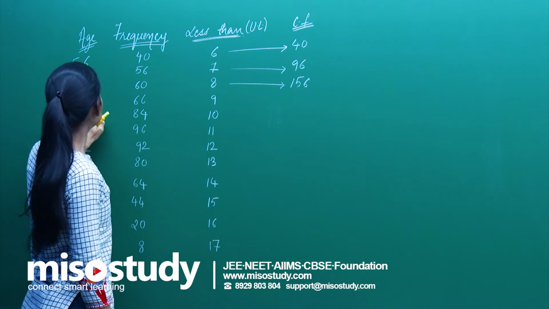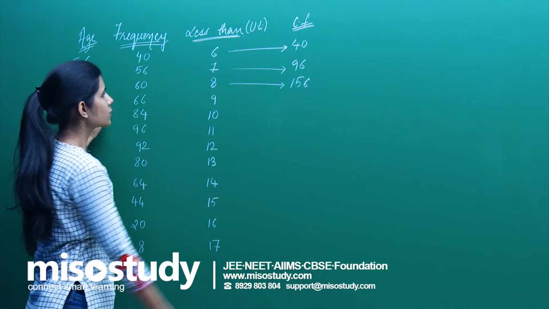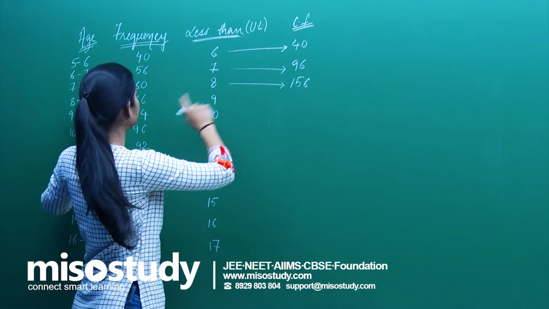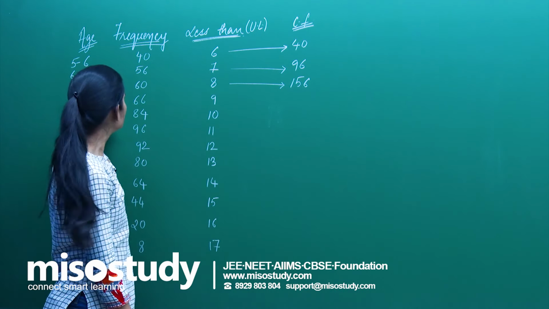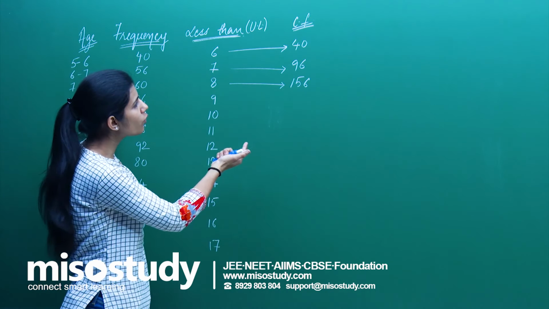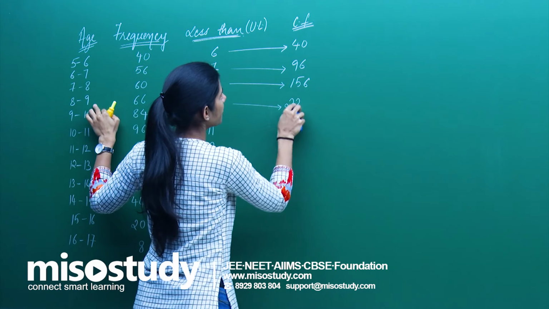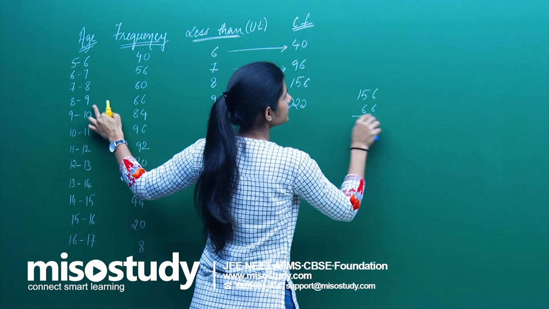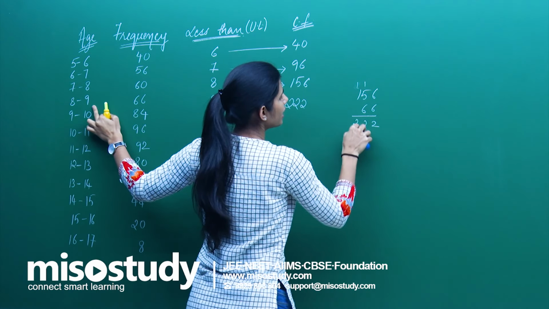After that you have less than 9. Less than 9 is 156 plus 66. What is 150 plus 50? It is 200 plus 10, 210. 210 plus 6 is 216. 216 plus 4 gives you 220. 222 is what you will be getting. You can check: 156 plus 66, 6 plus 6 is 12, 6, 6 again 12, and you have 222.